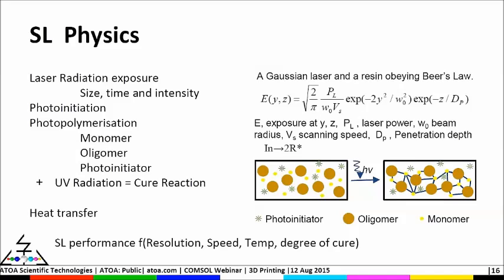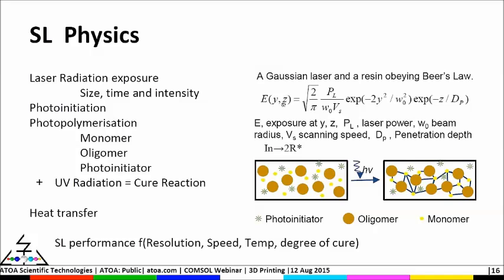This slide shows the physics involved in the stereolithographic process. The key physics are highlighted here, wherein the laser radiation exposure is critical as the main source. The size, time, and intensity are critical.